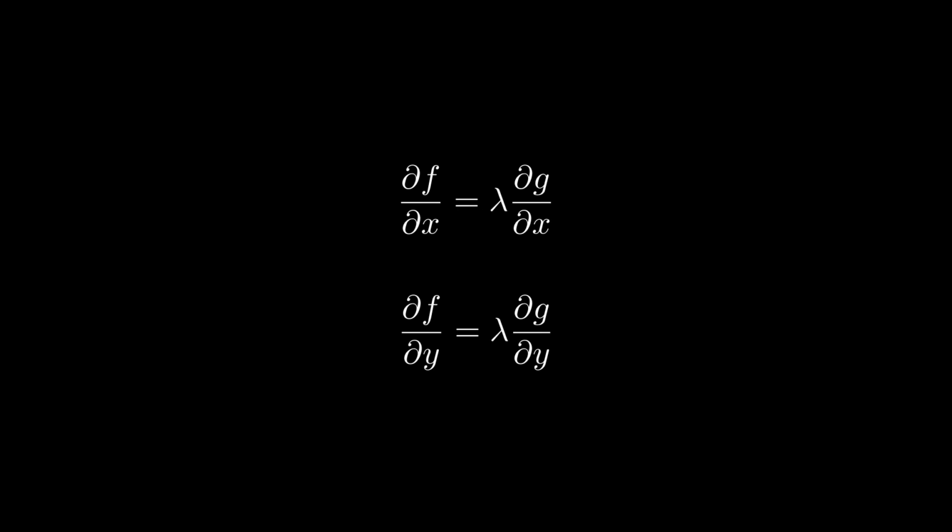From equations 1 and 2, once we arrange them, we reach the same statement as we had previously. Thus, just by optimizing this Lagrangian function, the optimal point of the objective function within the constraints can be found. In the exact same way we solve unconstrained optimization problems, we can do this constrained optimization problem.